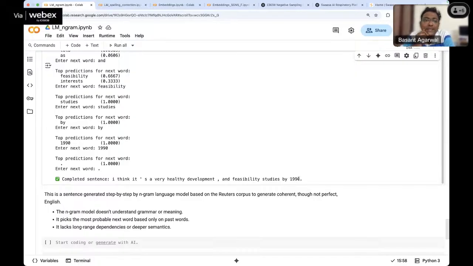So you can observe here, this language model, a trigram language model, is not very efficient, but it is somehow keeping some grammar and some limited syntactic information intact.